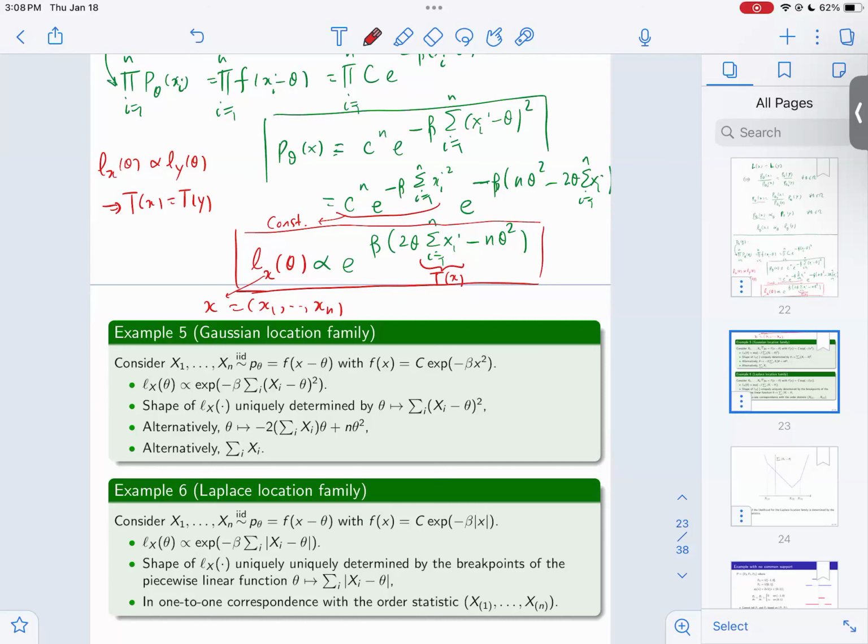The shape of this is immediately determined. If you want to do it, set this proportional to L_y(theta), so this is equal to c times the same thing for T of y, and then do the calculation, try to show that T of x is equal to T of y. What I'm doing here is a little simpler.